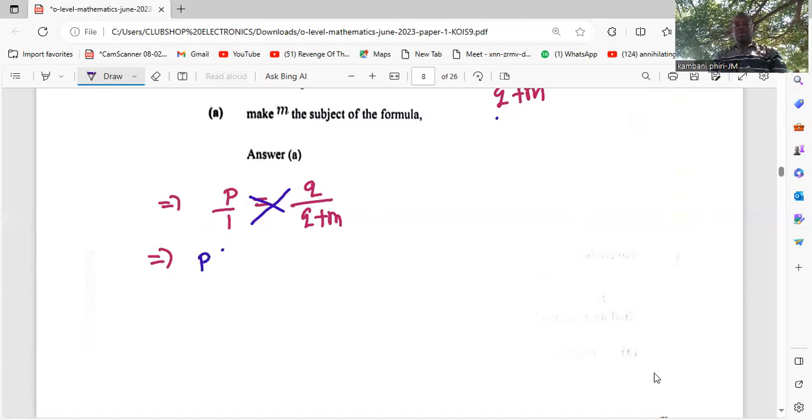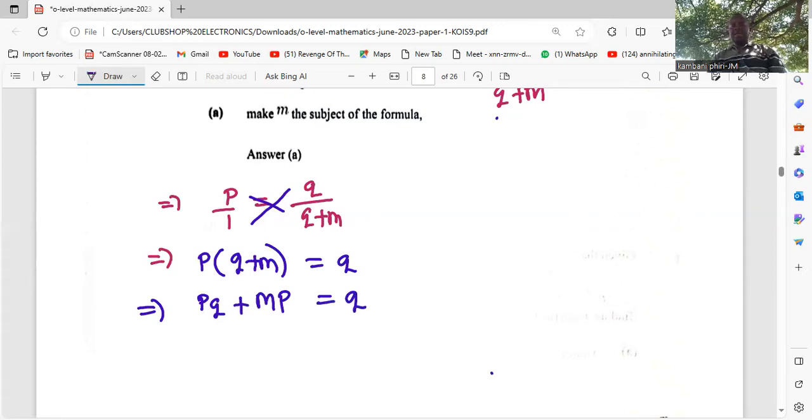So we have P open bracket, Q plus M, close bracket, is equal to Q. Now, because M is inside the bracket, we distribute the P. So P by Q, we have PQ plus MP is equal to Q. But we are interested in M, so this one shall be taken to the other side.